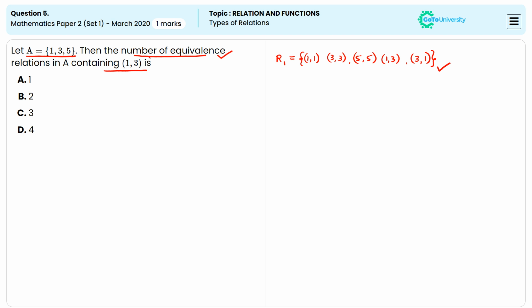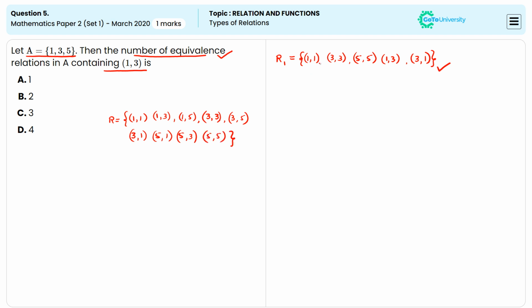We will try to take out all the possible pairs of the set A. So now this relation, which can be taken as R equals, I'll take all the possible pairs: (1, 1), (1, 3), (1, 5), next (3, 3), (3, 5), (3, 1), (5, 1), (5, 3), and (5, 5).